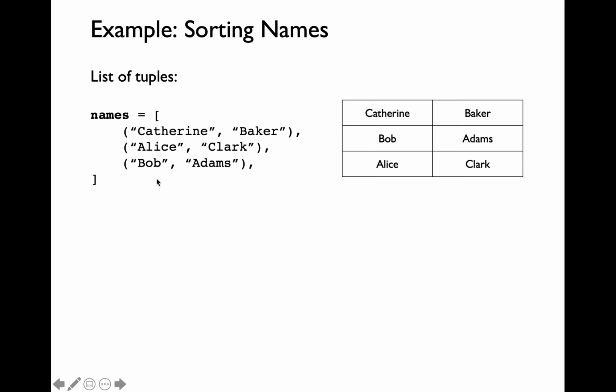Quick recap, a tuple is nothing but a list, but it is an immutable list. It has all the features of a list, but you cannot mutate the tuple entries. So you have 3 different tuples for 3 people's names.